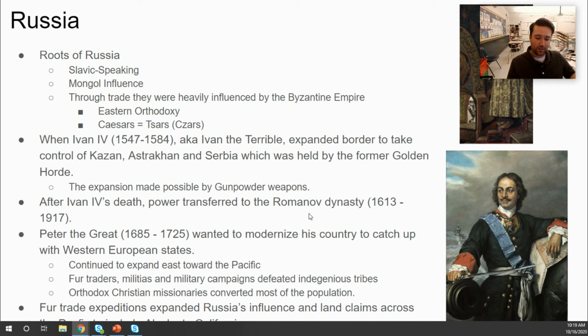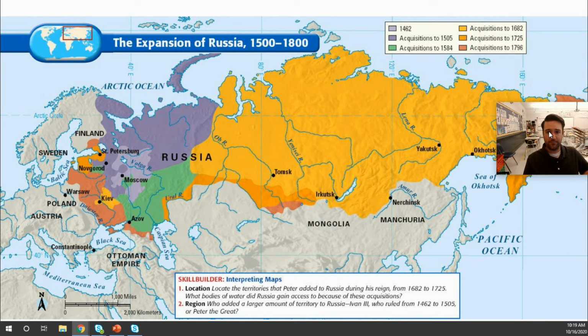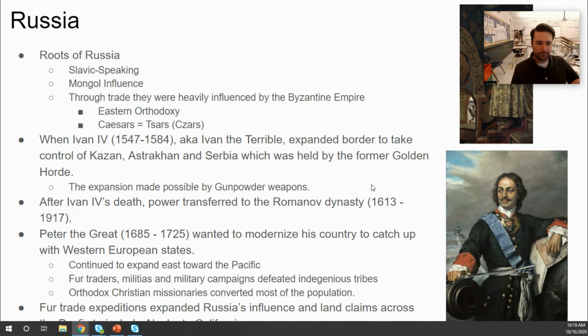He would also rely heavily on fur traders, militias, and military campaigns that would defeat the indigenous tribes that lived in the eastern parts of Russia as he expands further and further all the way to the Pacific. And you can see here's the territory that was part of the expansion of Peter the Great. So by 1682.